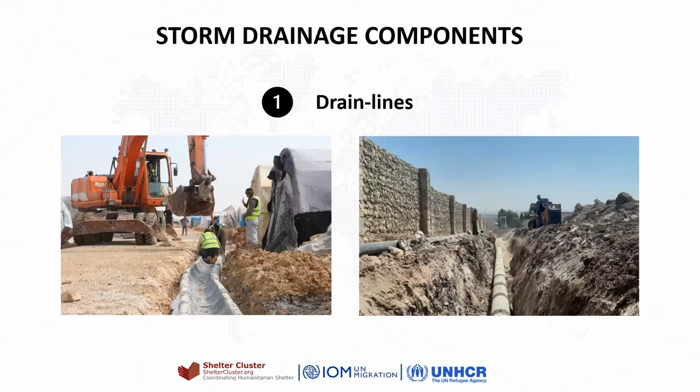So regarding the difference between closed ones and open ones, the closed ones may be connected with a sewage system or with a water stream, in addition to their high cost, because you are obliged to build gullies.